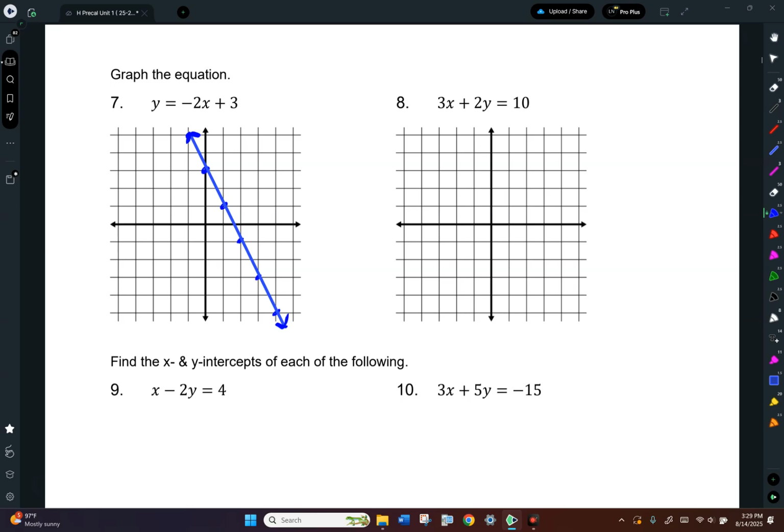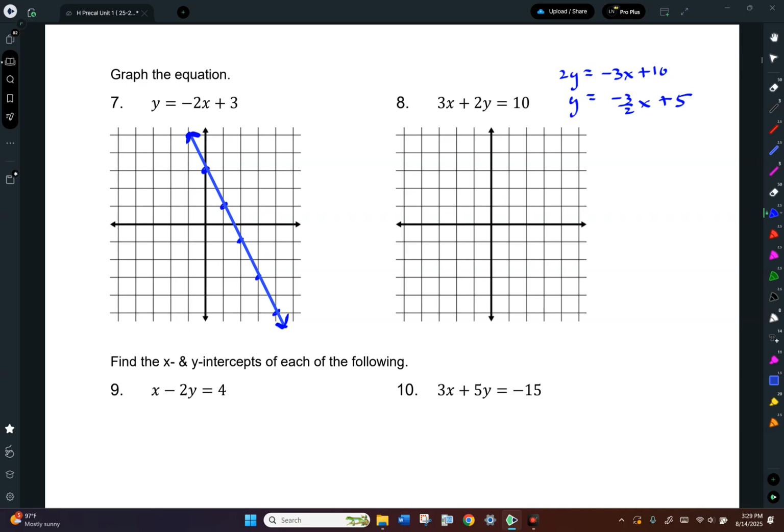Now, number 8, it's probably going to be easier to graph this if we change it into slope-intercept, right? So let's solve for y. Let's see. So I'm going to subtract 3x, and then I'm going to divide by 2. Okay, so usually on these, the mistake is in the solving for y as opposed to the graphing.